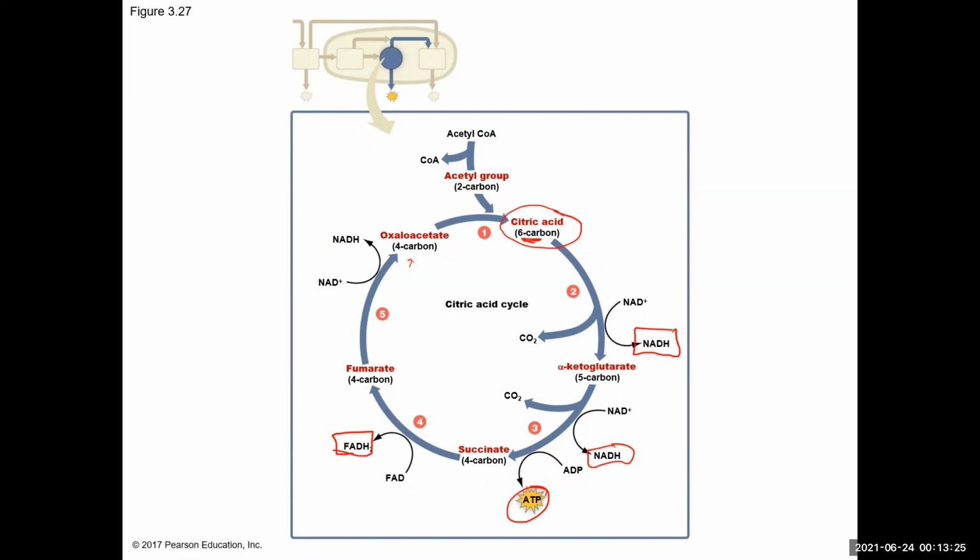Because the NADHs that have been made so far and the NADHs made in this cycle and that FADH2 molecule is going to go on to the electron transport system and make ATP.